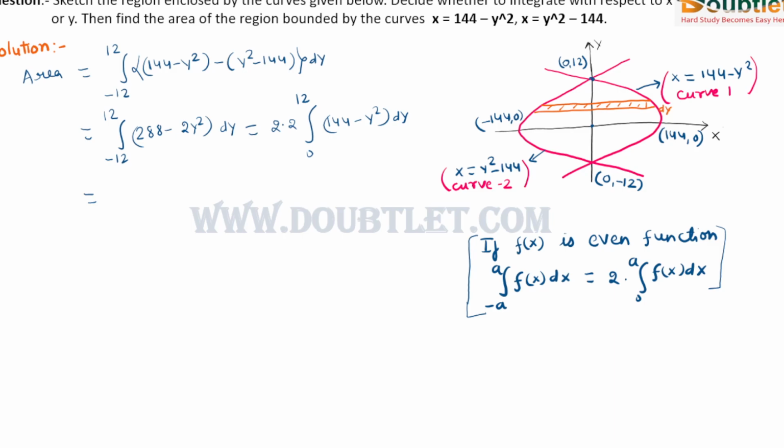Now again solving, this will become 4, and if we do this simple definite integral, this will become 144y minus y cube by 3. So the limit will go from 0 to 12. Further we will solve it. 144, and if we write upper limit minus lower limit, 1 by 3 will become common, and we can write here 12 cube minus 3.